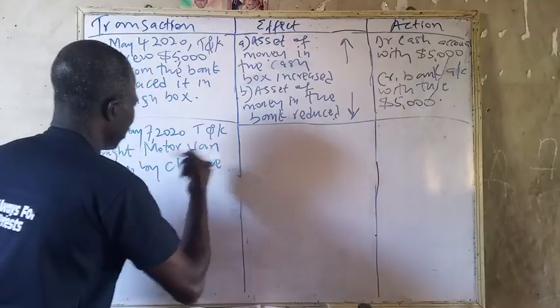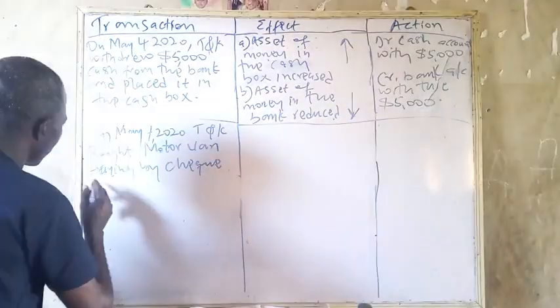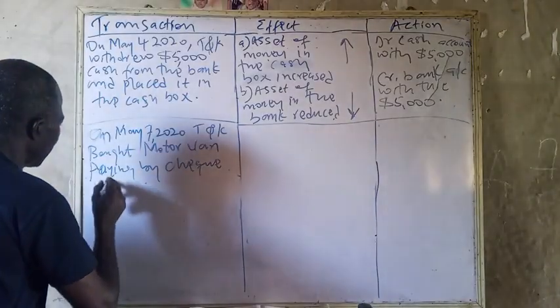Whenever you pay by check, that is the bank account. What is the amount? $10,000.